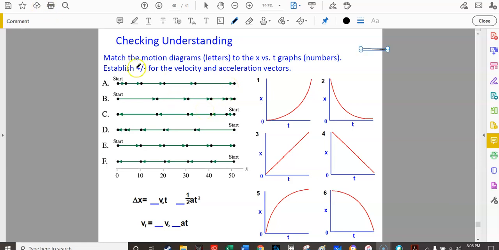Okay, here we go. So here's what we've done. Let's go ahead and try to match up these motion diagrams to these position versus time graphs. And this would be horizontal position versus time because of the X. All right. Well, this first object, all these velocity vectors are going to be positive. So I'm going to put a positive velocity.